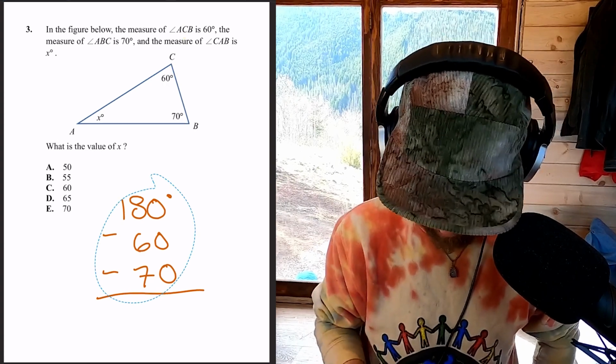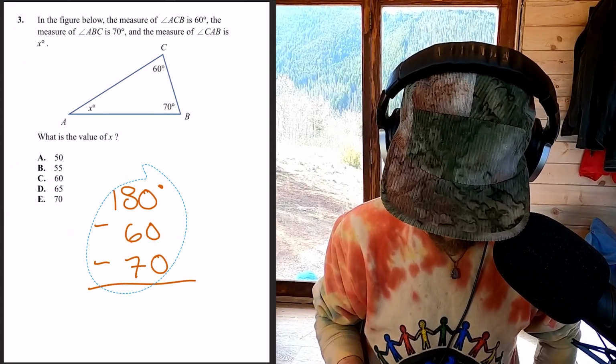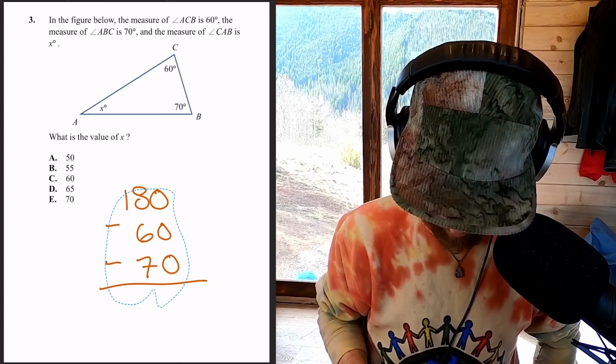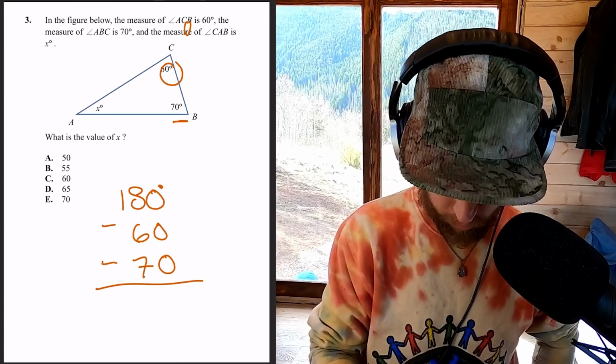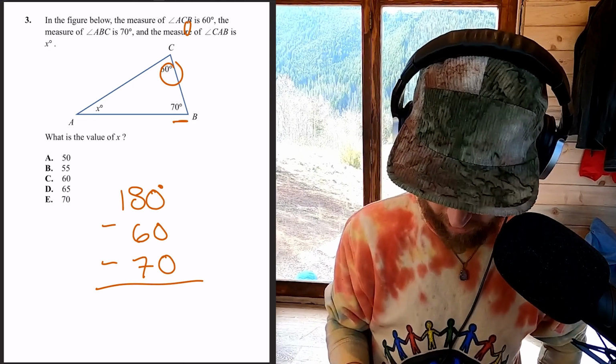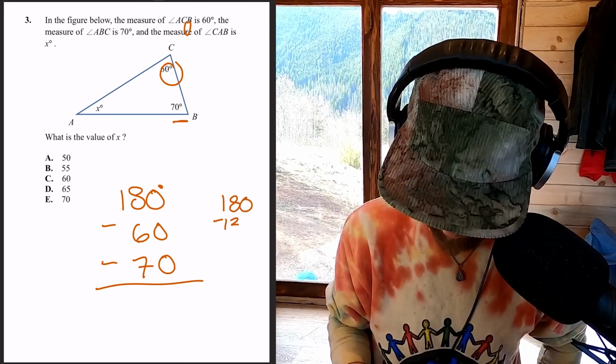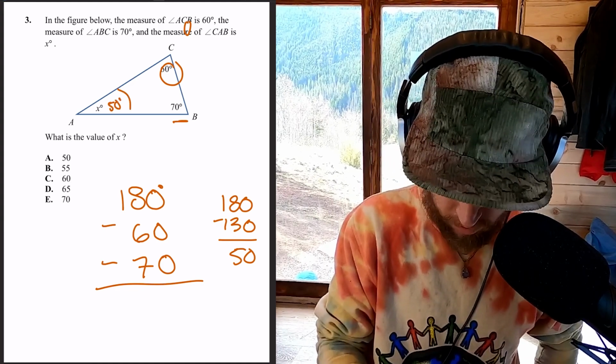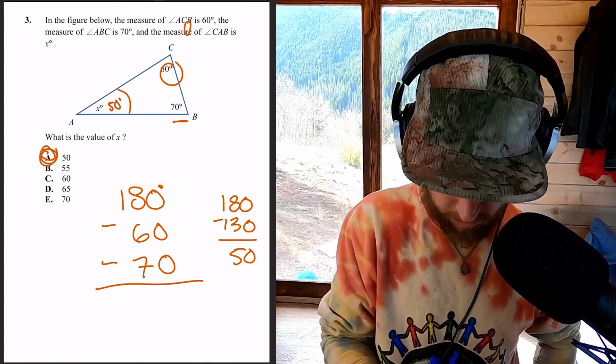I'm going to move this over just a little bit. Moving the picture too on accident. Can I avoid that? Nope. Okay, well, I won't move it over. 60 and 70 makes 130. So 180 minus 130 equals 50.